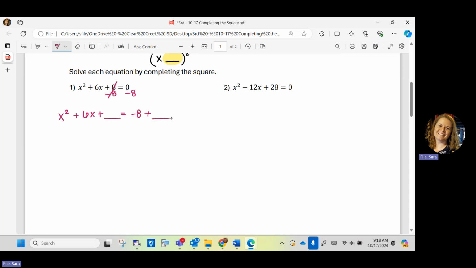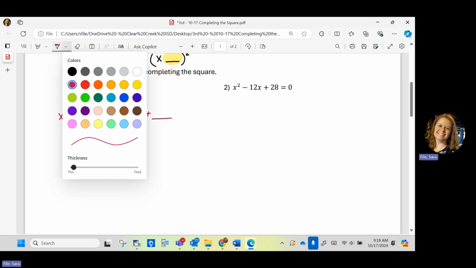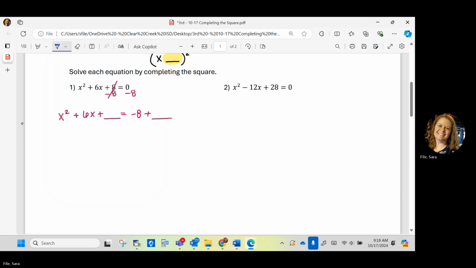So I move the constant to the other side, but now I have to figure out what is going to go in this blank. It is b divided by 2 squared. That's what's going to go in the blank.